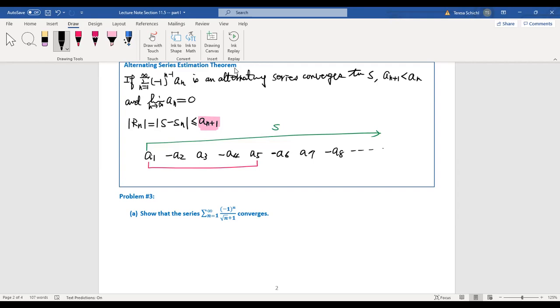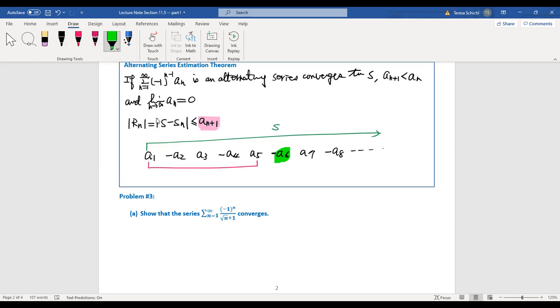So S minus S5 starts with negative a6, but the positive and negative terms behind it partly cancel out. The largest one, which is why the upper bound is a_(n+1).